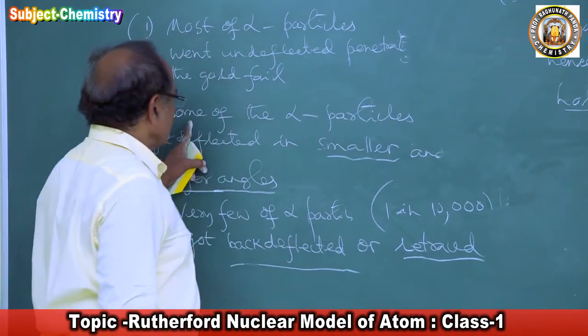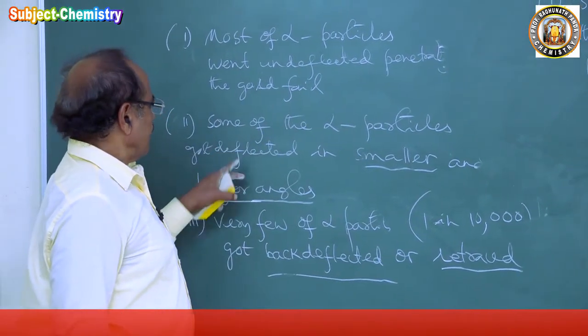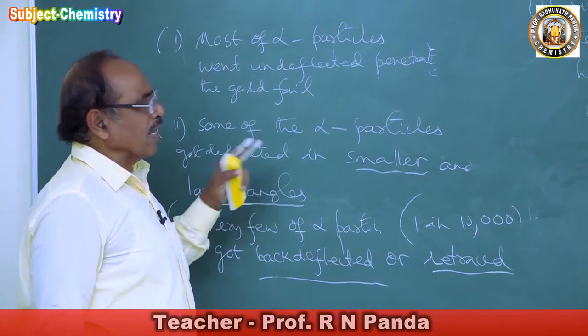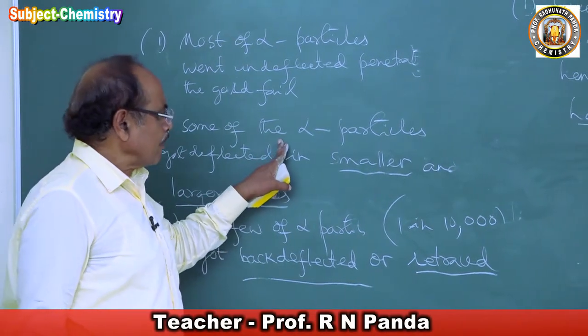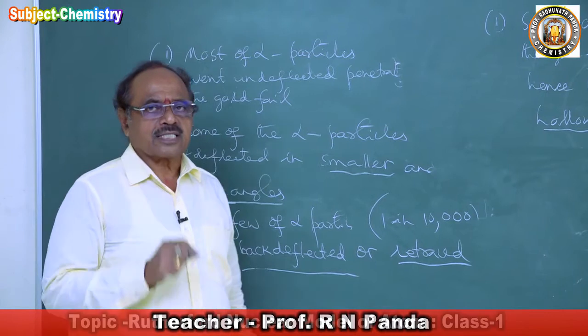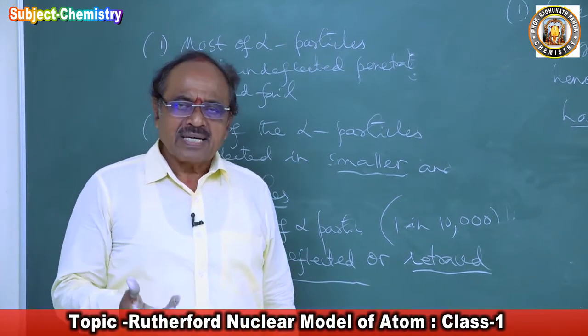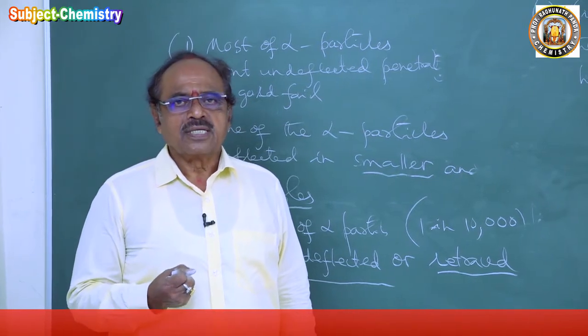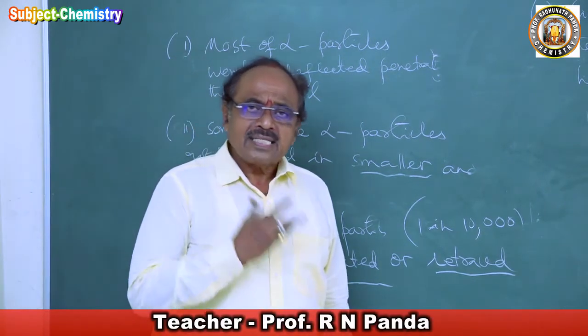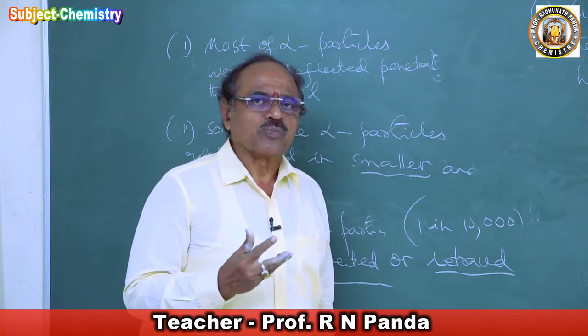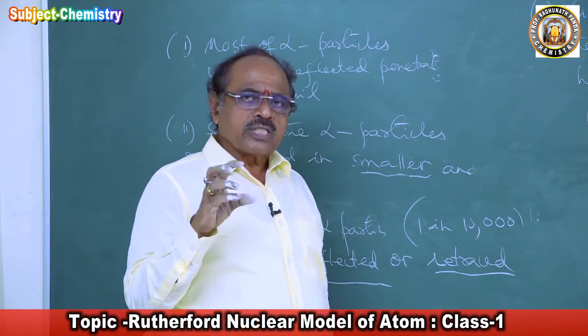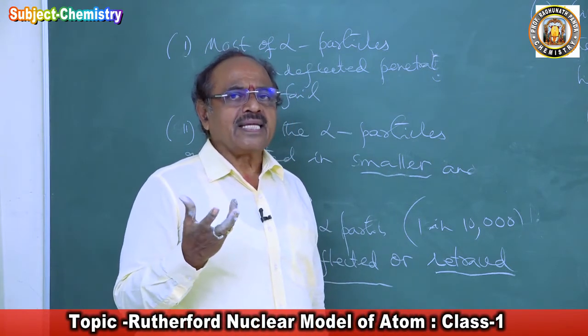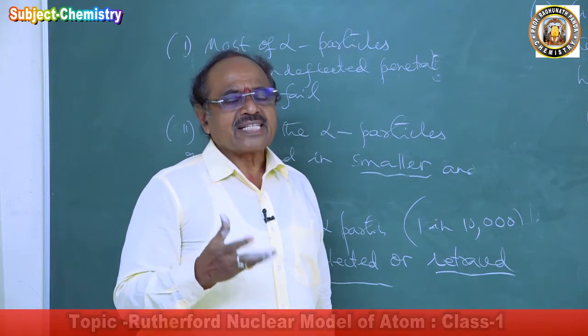Then the second observation: some of the alpha particles got deflected in smaller and larger angles. What are alpha particles? They are positively charged. What does the atom consist of? Atom consists of protons and electrons. So these alpha particles must be coming closer to the protons present inside the atom, and like charges repel.